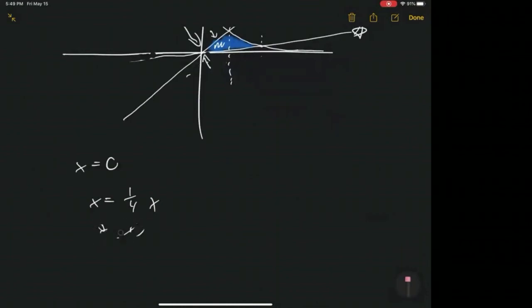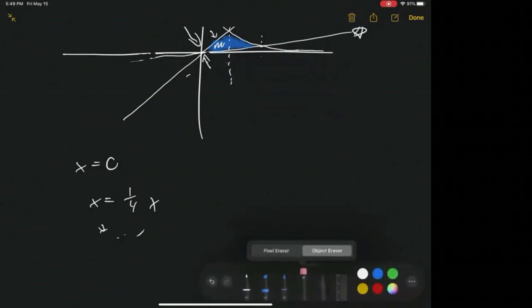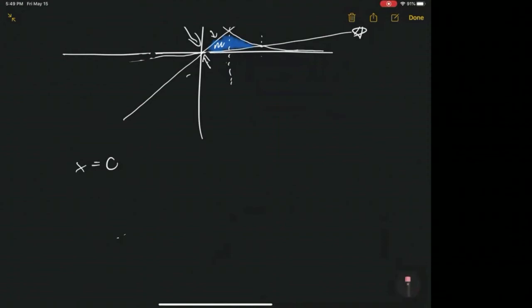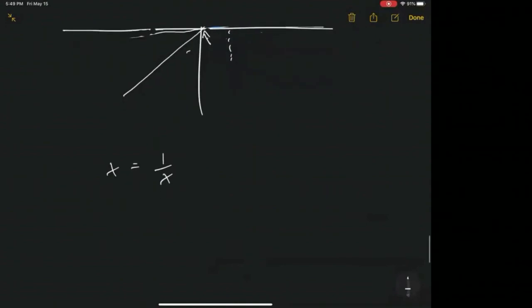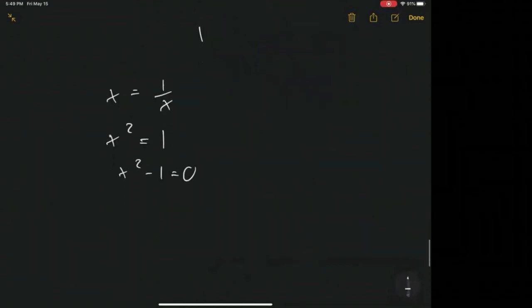All right. And then what's the other point? We need to find out where x equals 1 over x. Solving, multiplying x to both sides, I get x squared equals 1. X squared minus 1 equals 0. Where is this true?